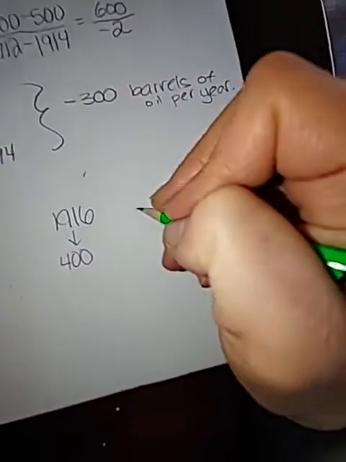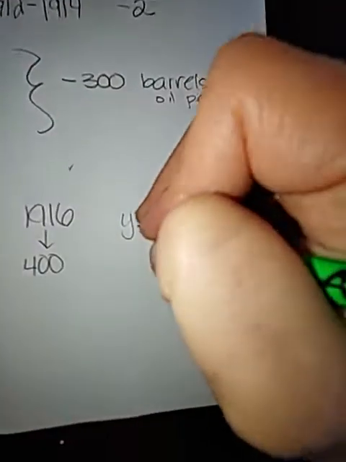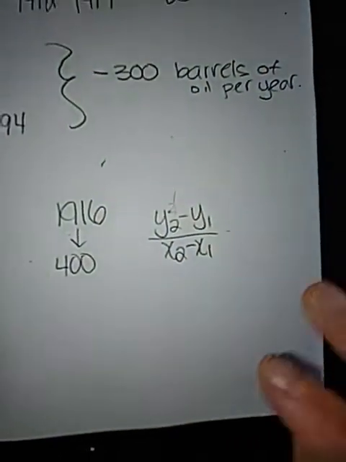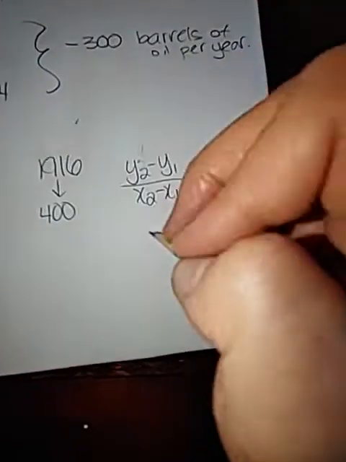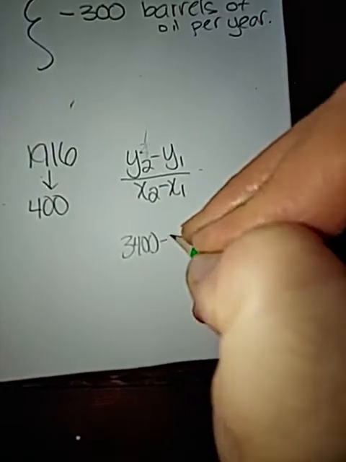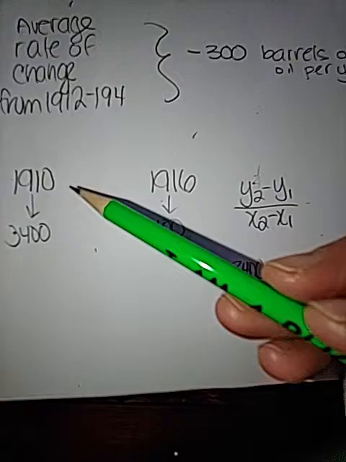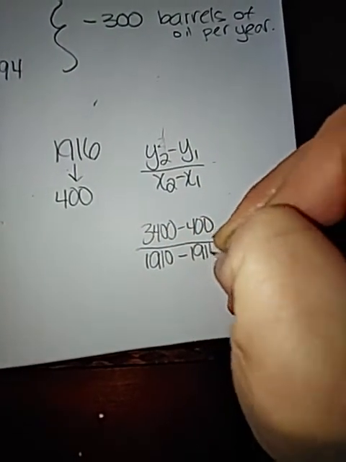All right, so change in y over change in x. My oil is my y, so 3,400 to 400 over 3,400 was with the 1910, so I have to write 1910 first, minus 1916.